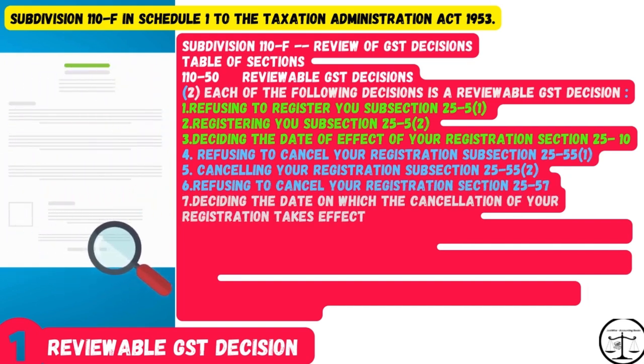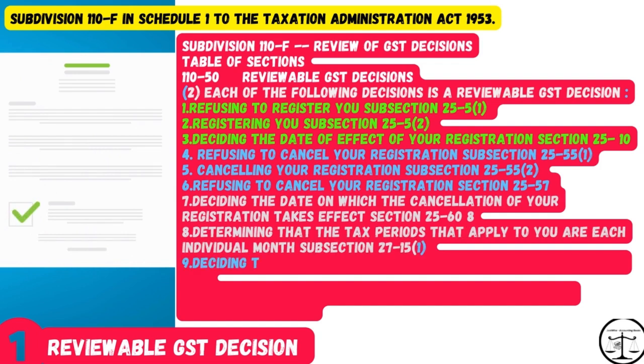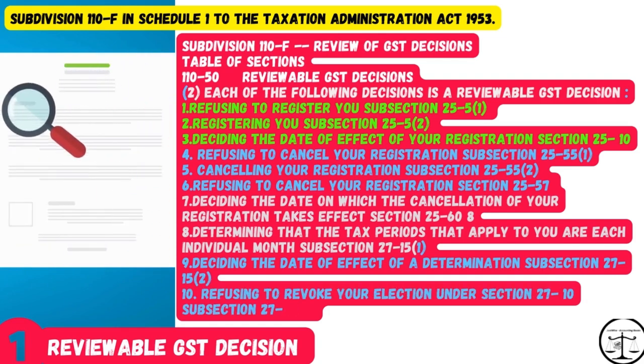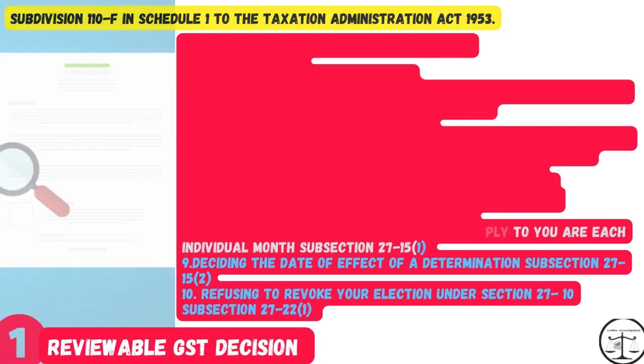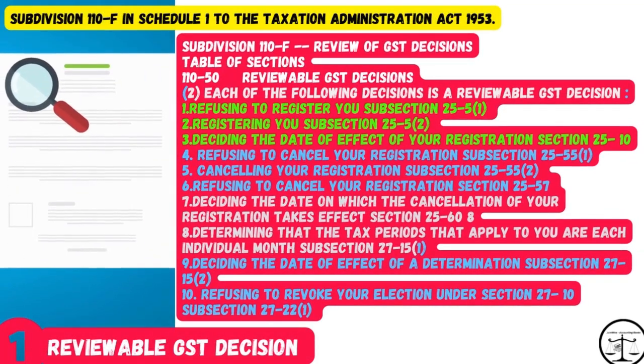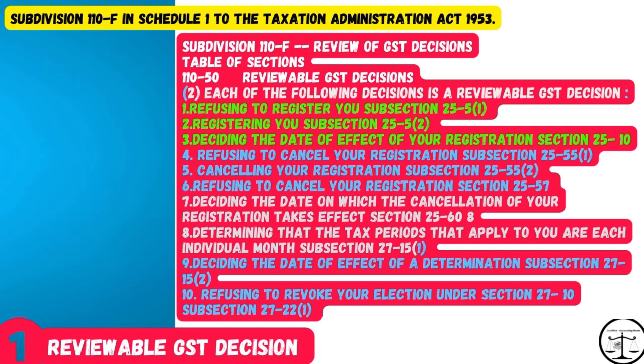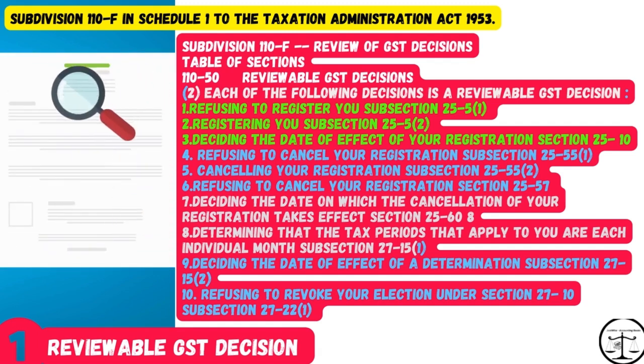3. Deciding the date of effect of your registration, section 25-10. 4. Refusing to cancel your registration, subsection 25-55(2). 5. Cancelling your registration, subsection 25-55(2). 6. Refusing to cancel your registration, section 25-57. 7.